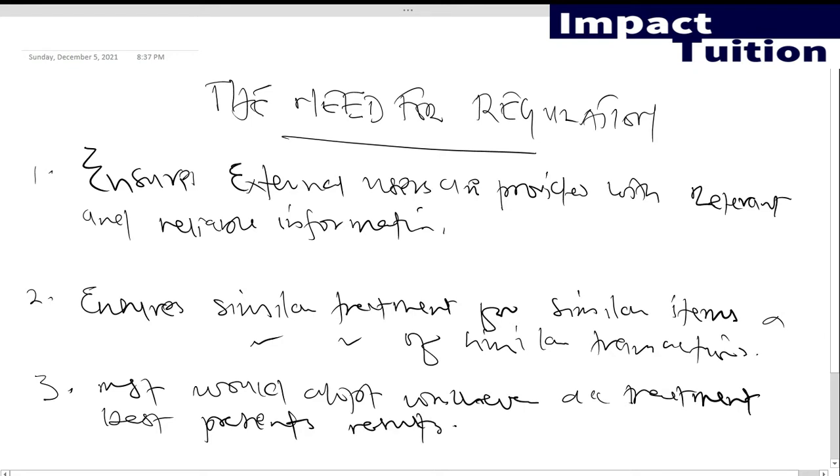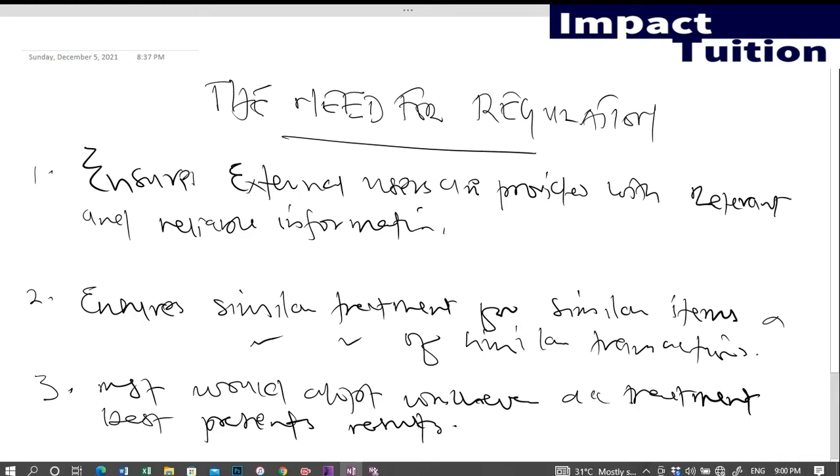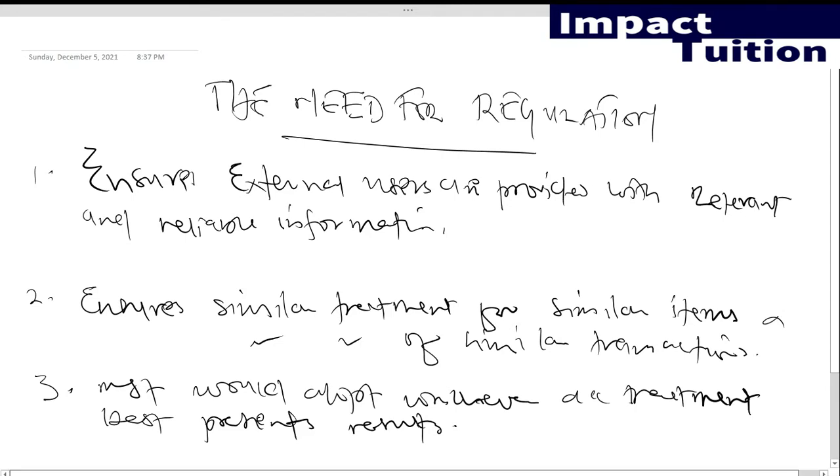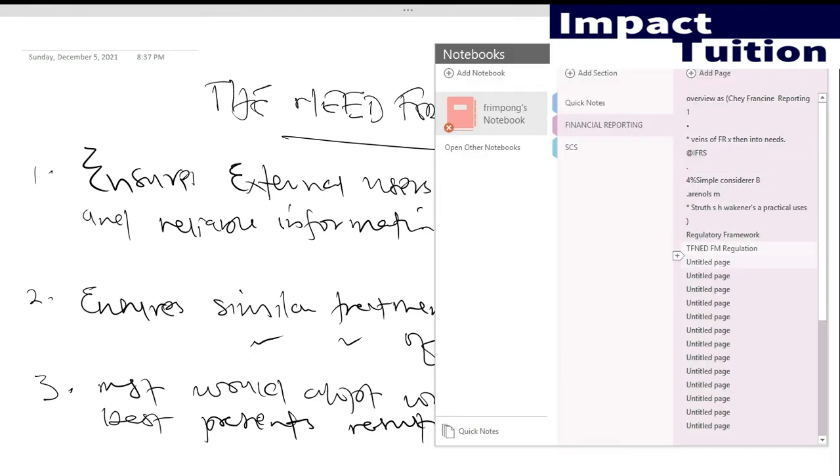So these are the need for regulation. Ensures external users are provided relevant and reliable information. Ensures similar treatment for similar items and similar treatment of similar transactions by all entities. And also ensures that management adopt whichever accounting treatment best presents their results. So these are the three reasons for regulation.